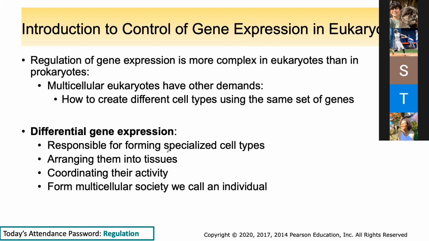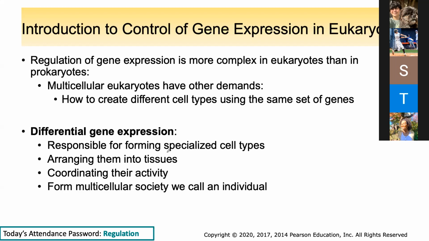One of the reasons there's such a difference between prokaryotic cells and multicellular eukaryotic organisms is that we have a lot of different demands for our cells. If you think about a single-celled organism, like a bacterial cell or an amoeba, it's just one cell, and that cell is going to be that cell.